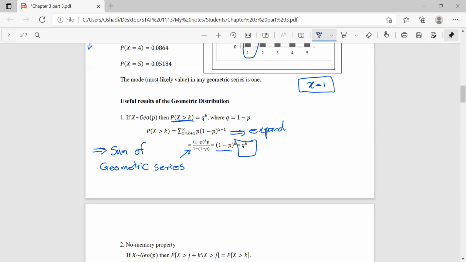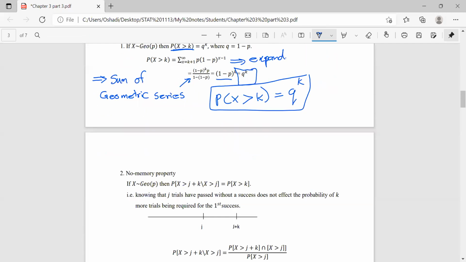So the probability that the first success occurs after the k trials is equal to q to the power k. This is an important result. That is the first result we learn under the geometric distribution.